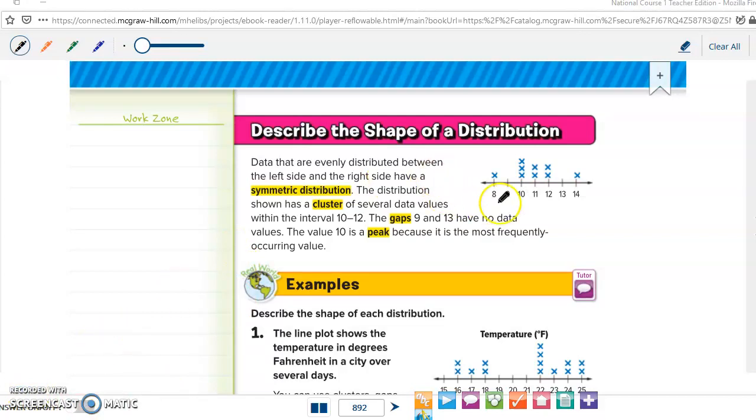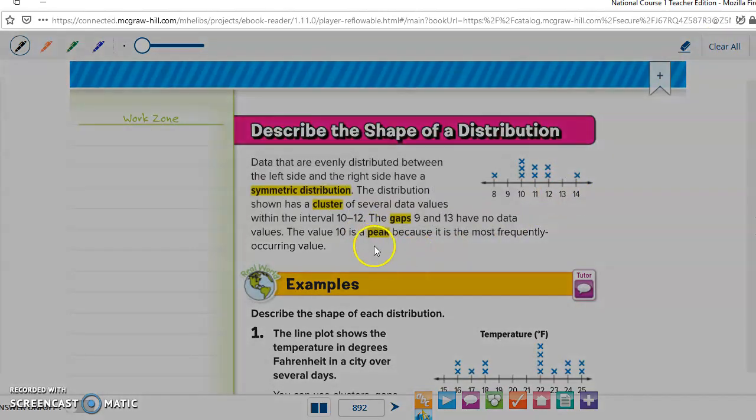We see 11 to 14, and we have 11 to 8. So the values here, the left side is like the right side. So this is a symmetric distribution.